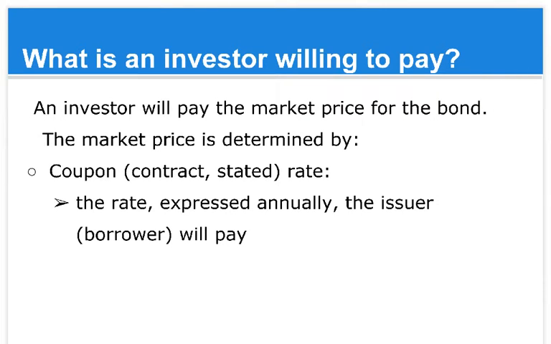And we'll define that again as the rate which is expressed annually that the issuer will pay the bondholder. We introduce another rate here called the market rate, also known as the effective rate. This is the prevailing rate in the market that the bondholder could get by investing in another investment.